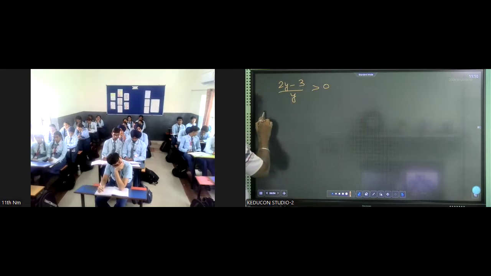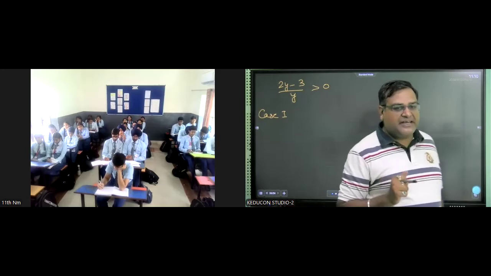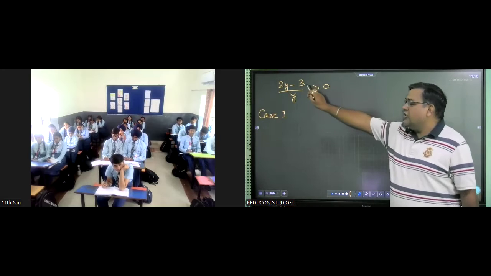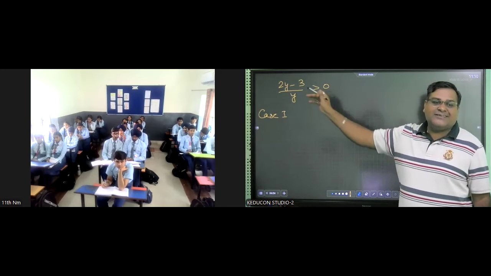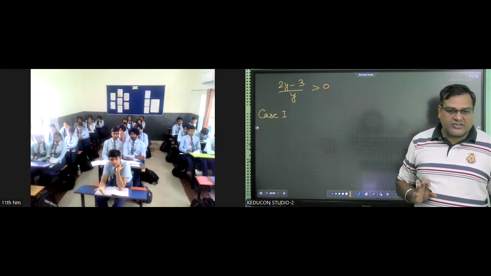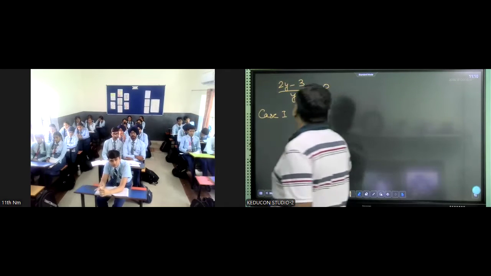So now this entire thing should be greater than 0. How can it be greater than 0? If numerator and denominator both are positive or both are negative. Yes or no? Yes. Okay, so first case, both are positive.